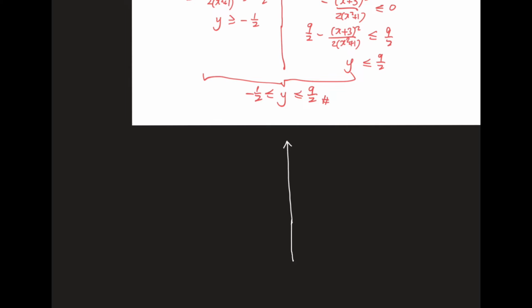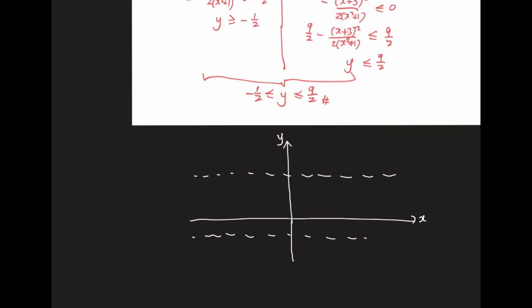Okay, so this is the x-axis, this is the y-axis. So y equal to 9 over 2, let's say here. y equal to minus half, let's say here.